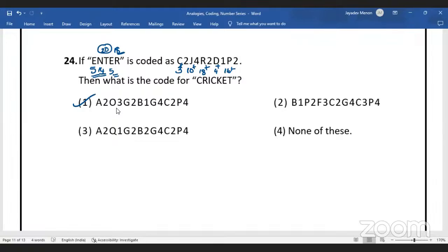So in the same way, we need to identify the code for cricket. Alphabetical position of C is 3, R is 18, I is 9, C, K is 11, E 5, T 20.